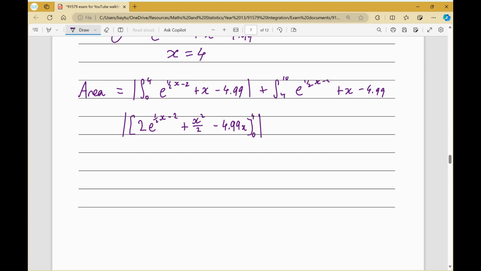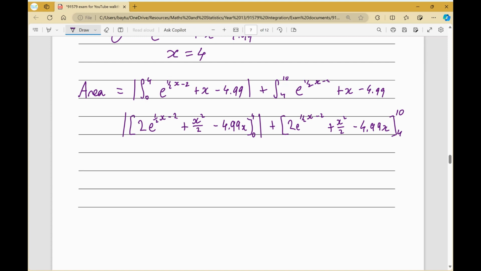Keeping that there just to remind us, we don't want to forget to do that. And then this bit is going to be, well, pretty similar. In fact, we'll integrate to exactly the same thing. But this one, the boundaries are different. That's going to be between 4 and 10.